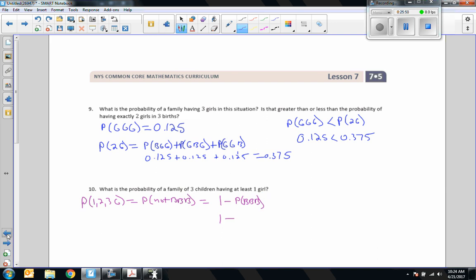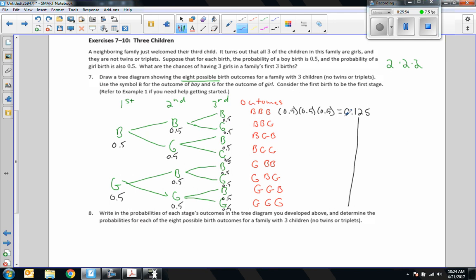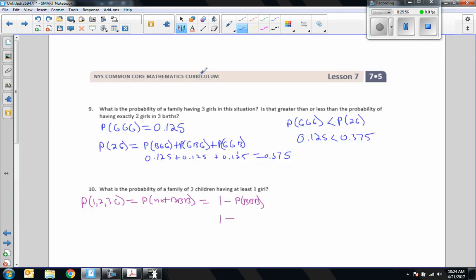So 1 minus the probability of having 3 boys, which was 0.125. And 1 minus 0.125 equals 0.875. 87.5% chance that you'll have at least one girl.